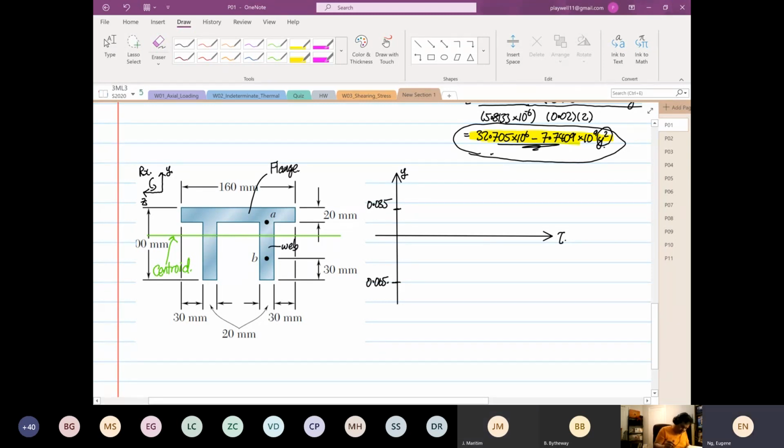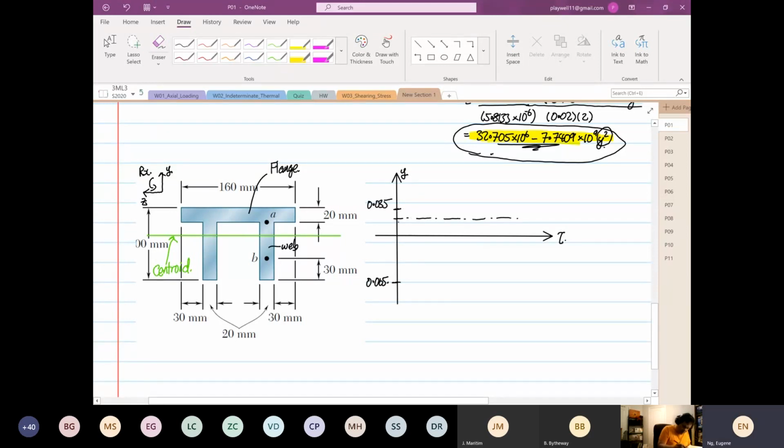So from here, we will have a curve. Okay, so I'm going to highlight that this is where the intersection of the flange and the web occur. So we're going to have a curve down here that looks this way.